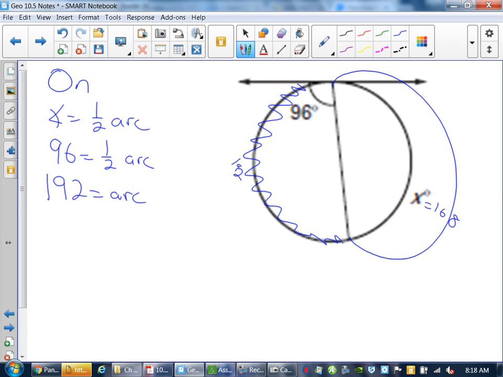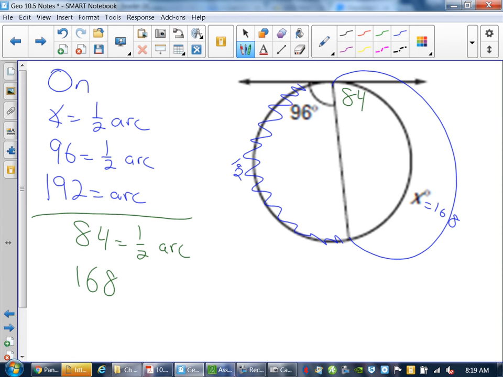The supplement to 96 would be 84, which means I could have used that side to get there. Same idea. The angle is half of the arc. Well, if I double 84, I get, it still works. So there are multiple ways of setting up a lot of these. There's only so many degrees in a circle.